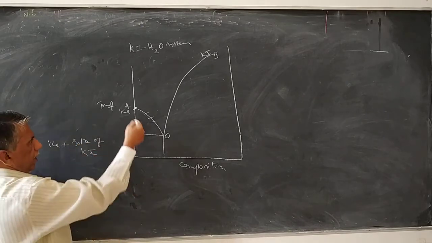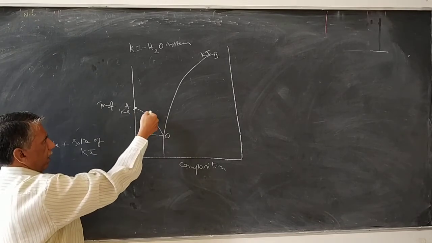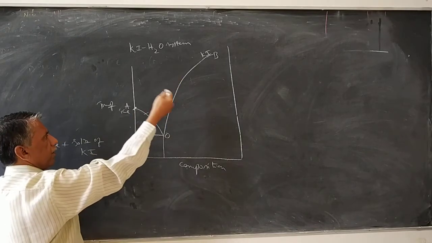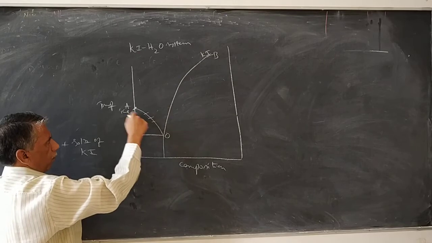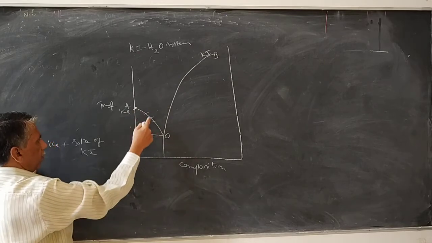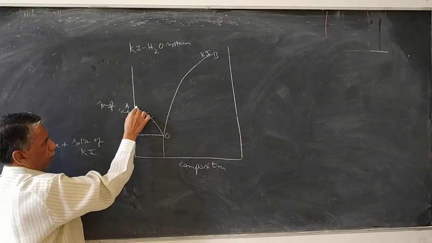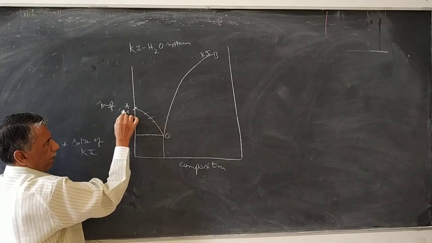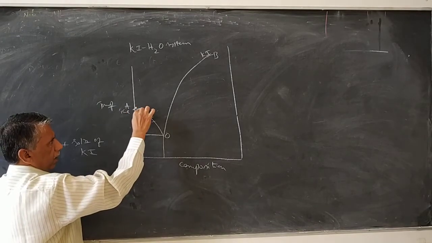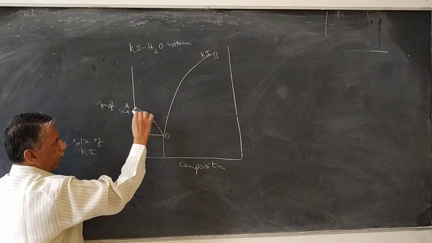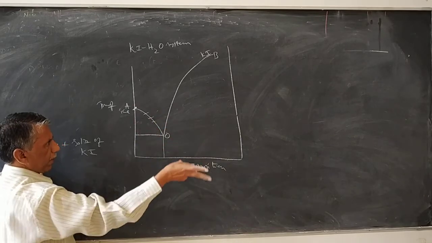iodide. When I add potassium iodide, the potassium iodide will be soluble in water, giving a solution of potassium iodide. So here there is only one phase, namely the ice phase, and here, if you take any point on the curve AO, there will be two phases.